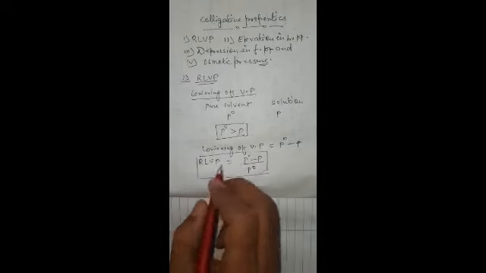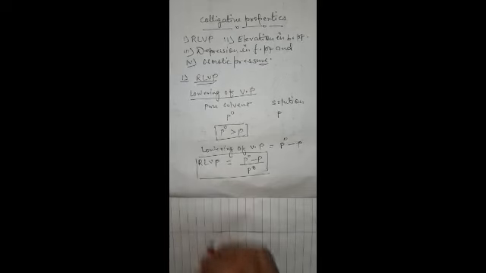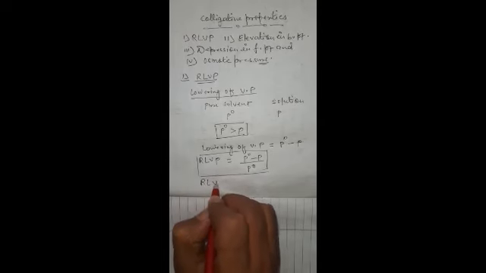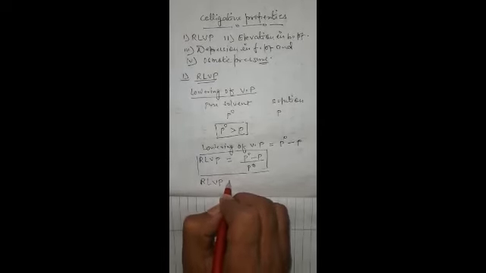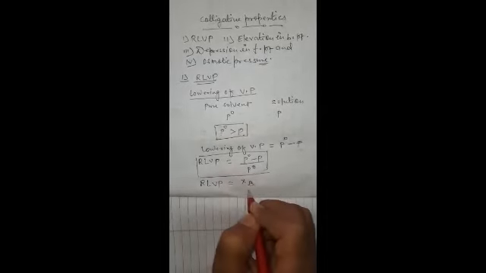Now, Raoult's law for a solution containing non-volatile solute states that the relative lowering of vapor pressure is equal to the mole fraction of the non-volatile solute. So RLVP is equals to mole fraction of solute.